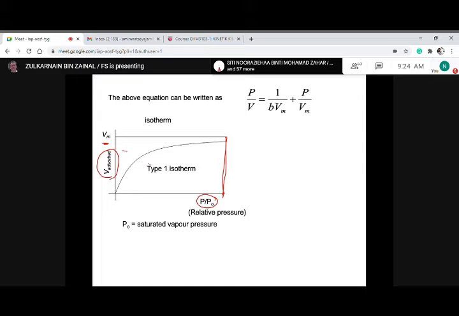So that is the saturated pressure, the maximum pressure that can go. All the other pressures will be relative to that pressure, meaning that the relative pressure value will be from 0 to 1.